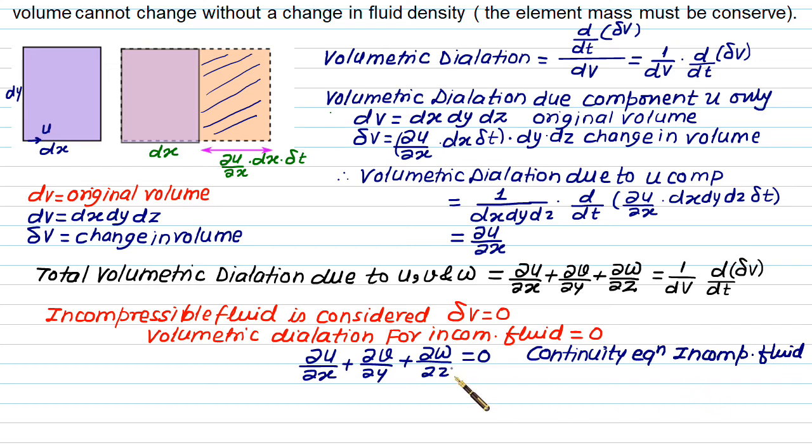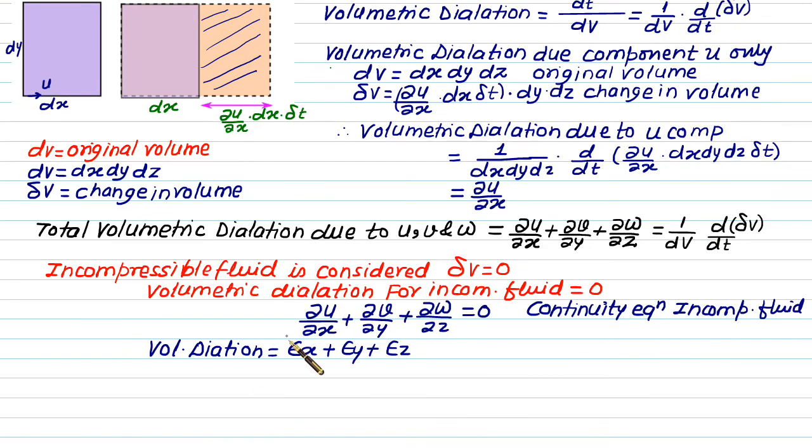The volumetric dilation is the same as the continuity equation, that is the law of conservation of mass we are using. And this term here is the same as epsilon x, this term is epsilon y, and this term is epsilon z. That is, del u by del x is the same as epsilon x, del v by del y is the same as epsilon y, and del w by del z is the same as epsilon z. But you have to represent this in rate form, that is epsilon dot x, epsilon dot y, and epsilon dot z.